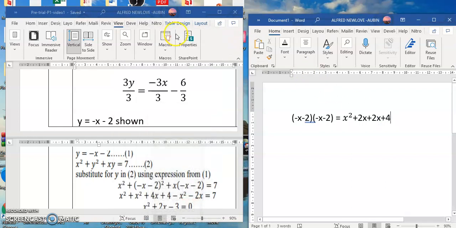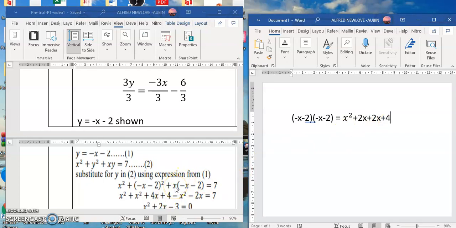Are we together? So that is what we have here. This is going to be x squared, plus 4x, which is 2x plus 2x, then plus 4, which is this 4. Then we are going to also expand this one.